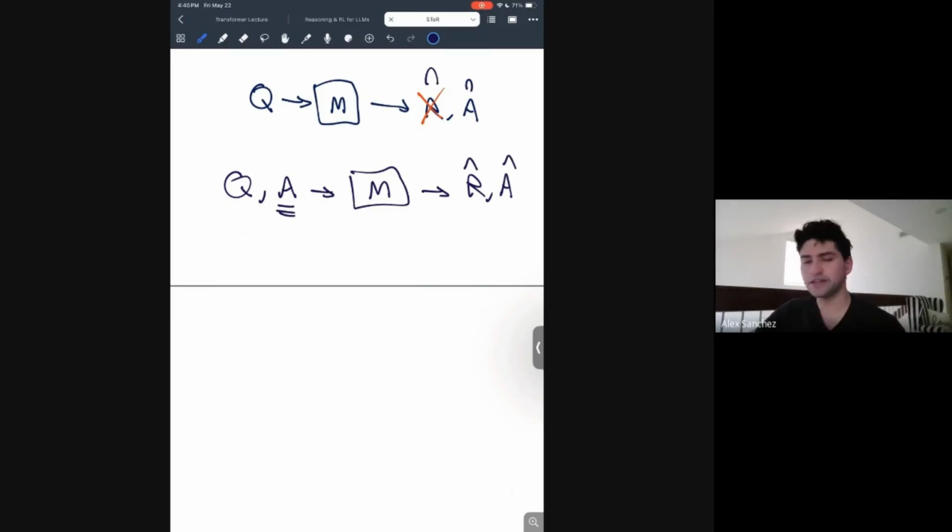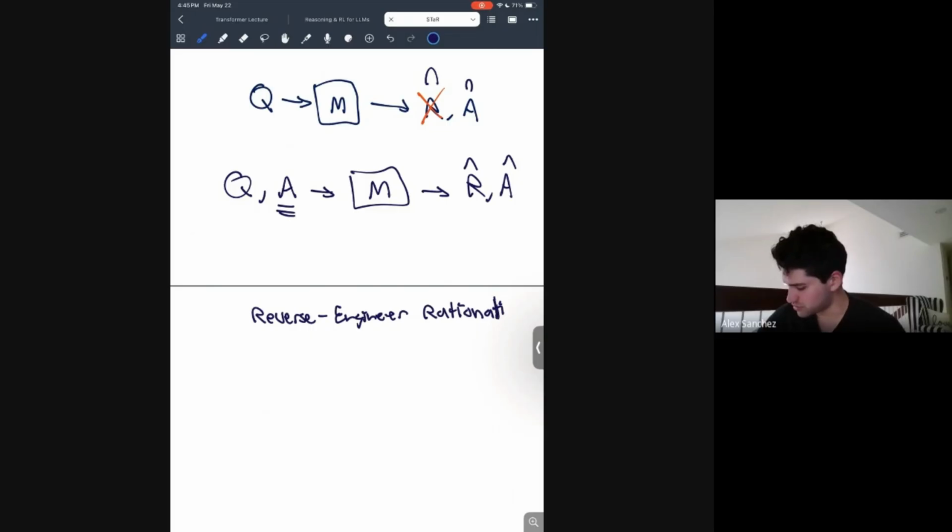This idea that a model can reverse engineer reasoning is something that they bet on and they won. It was proved through empirical study.